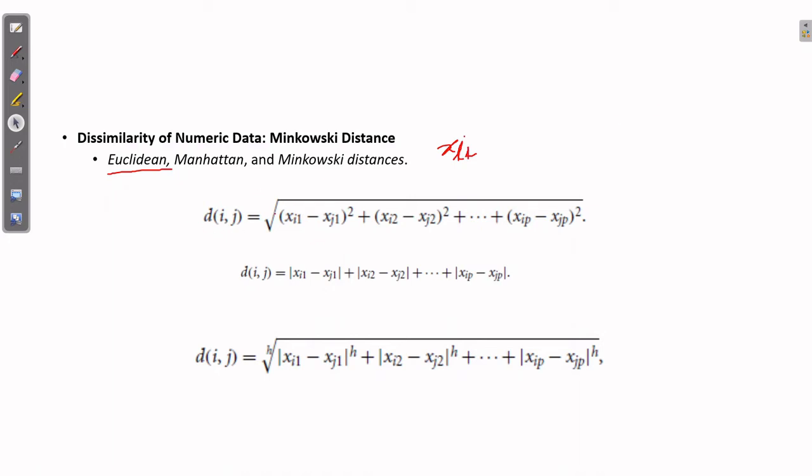Euclidean distance can be calculated as xi1 minus xj1, the first attribute of objects i and j, squared, plus xi2 minus xj2 squared, plus and so on, and then the square root of that. That is what we call Euclidean distance.